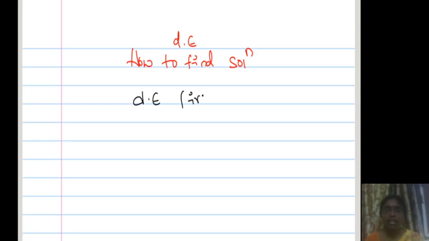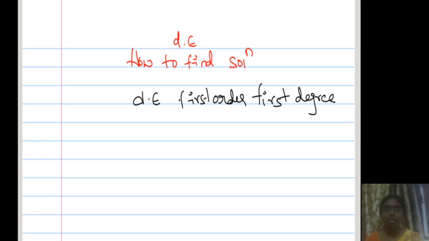Next, first, how to find the solution. The next topic after general solution and particular solution is, if a differential equation is given, how to find the solution. First of all, you have to see that the given differential equation is first order, first degree.